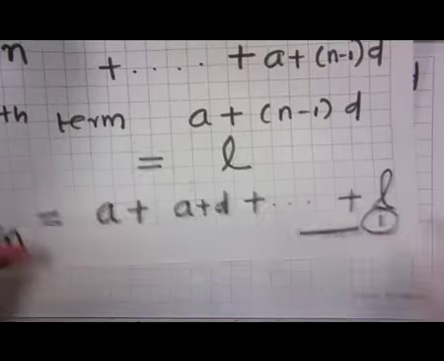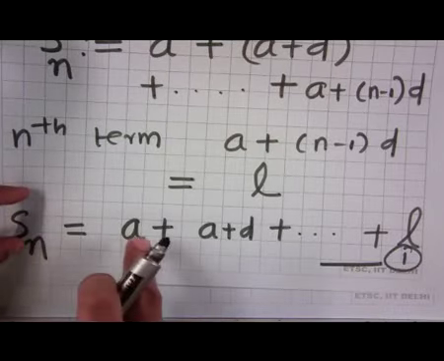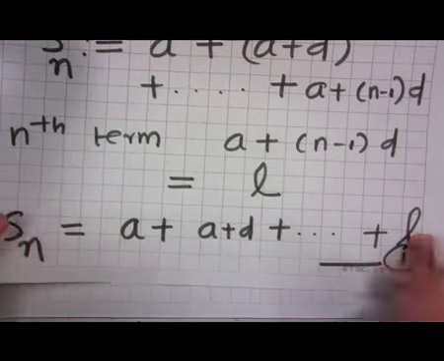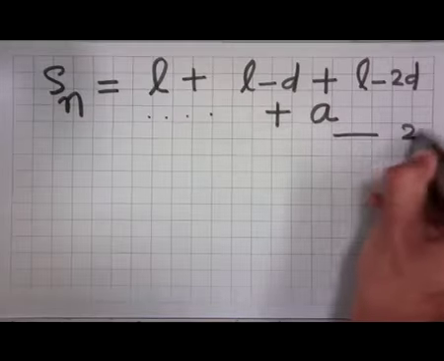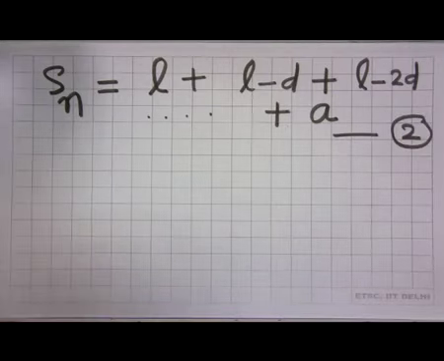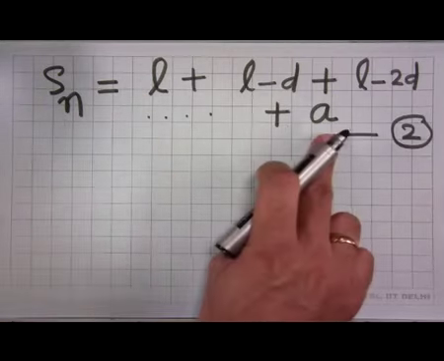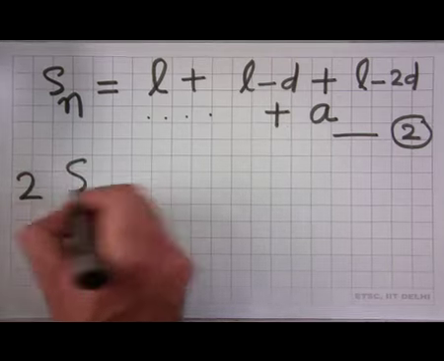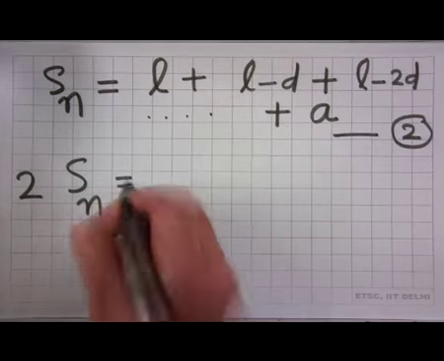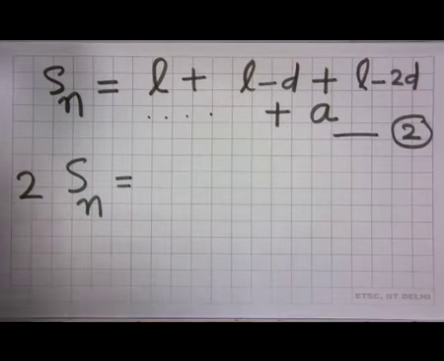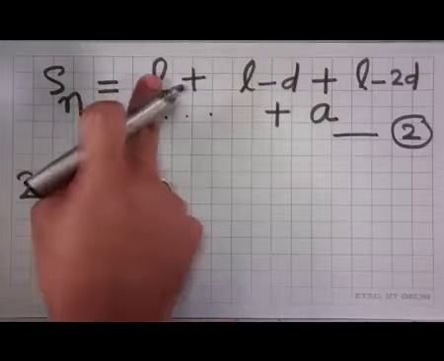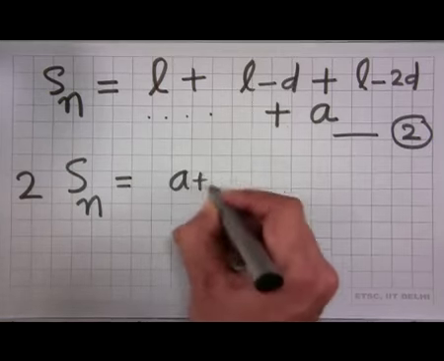Now, let us add both these expressions. Sn, the sum of first n terms starting from a and ending with L, and the sum of the same n terms but now starting from L and ending with a. Let us sum these two. The left hand side gives you 2Sn. So, 2Sn equal to, do you see that a and L add up to a plus L?